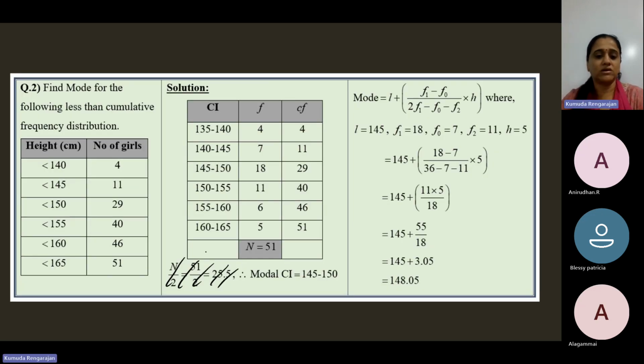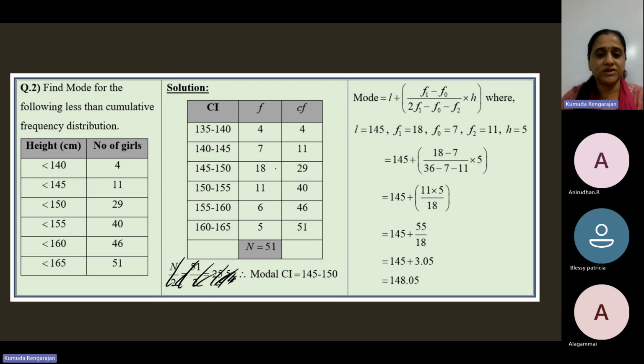Which is the modal class interval? Is this correct? Then see where you or I have gone wrong. 4, 7, 18, 11, 6, 5.